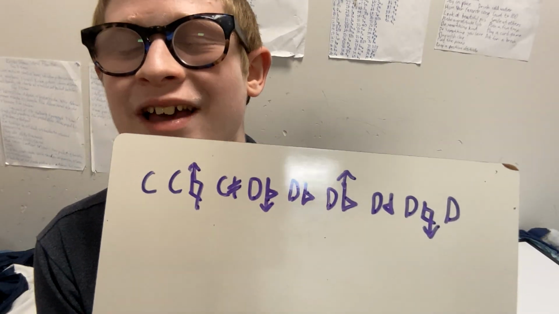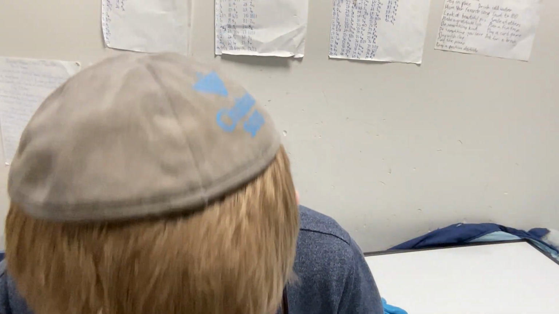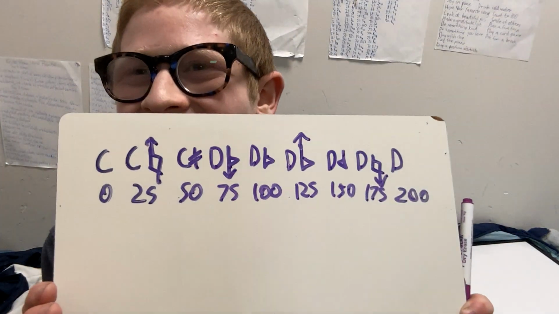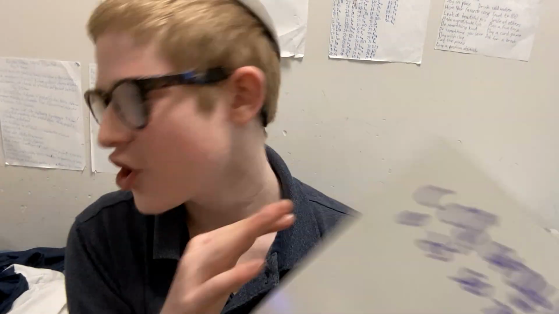And if you want, I could write the cent values below that: 0, 25, 50, 75, 100, 125, 150, 175, 200. So here are your cent values for these notes. But yeah, that's some 48-tet notation for you.